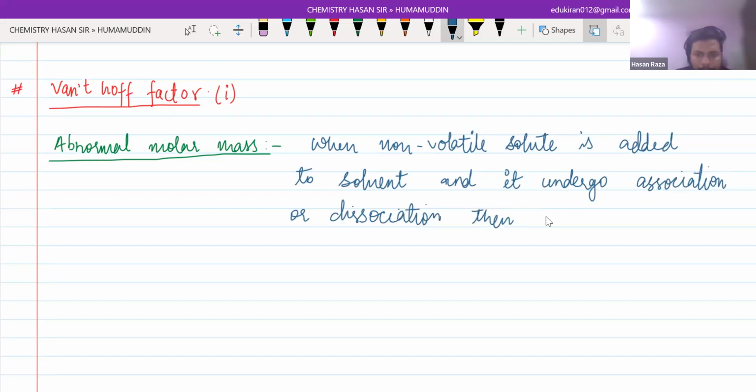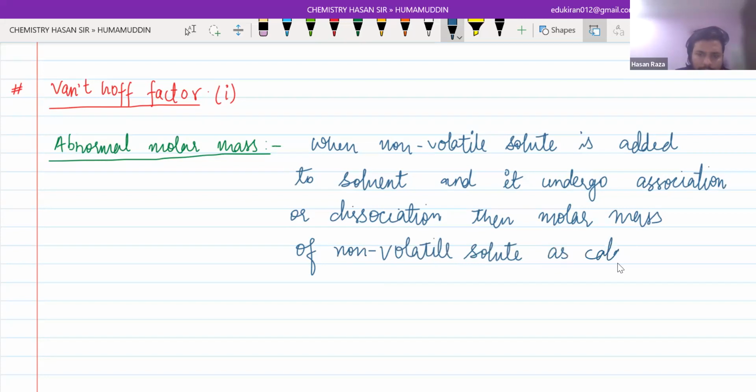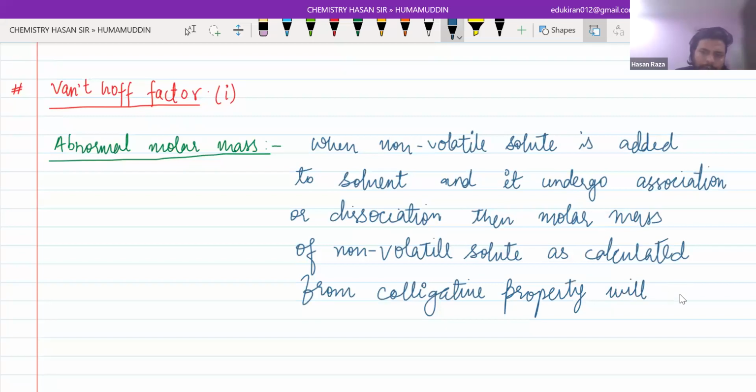Then the molar mass of the non-volatile solute as calculated from colligative property will be different.